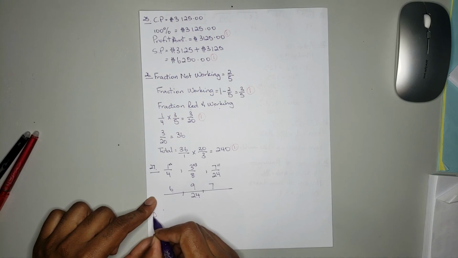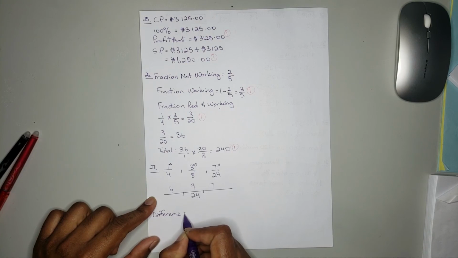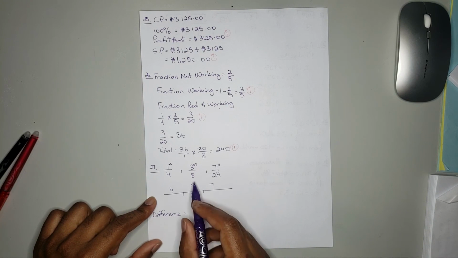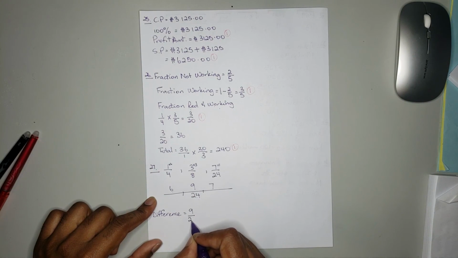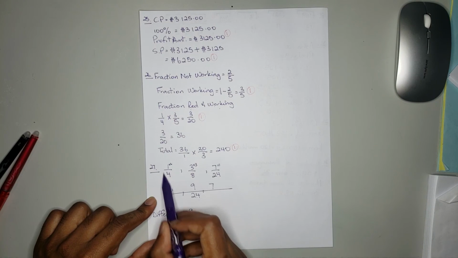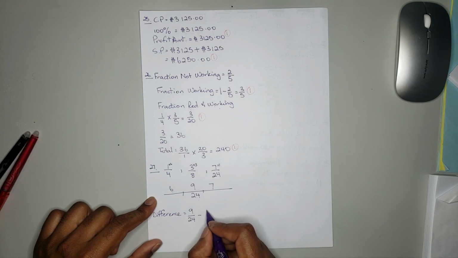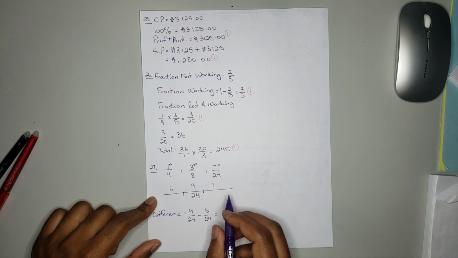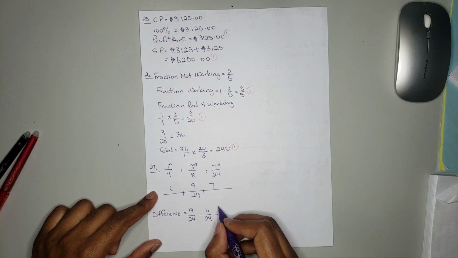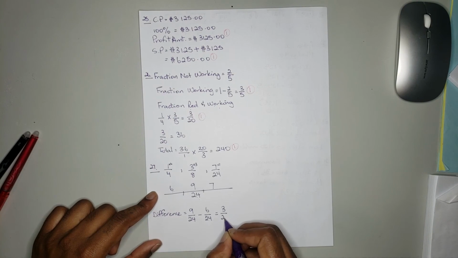Alright, so the difference means to take away. Longest is 3/8, which we know is 9 over 24. Take away the shortest, which is a quarter, which we know is 6 over 24. And the answer we'll get is 3 over 24.